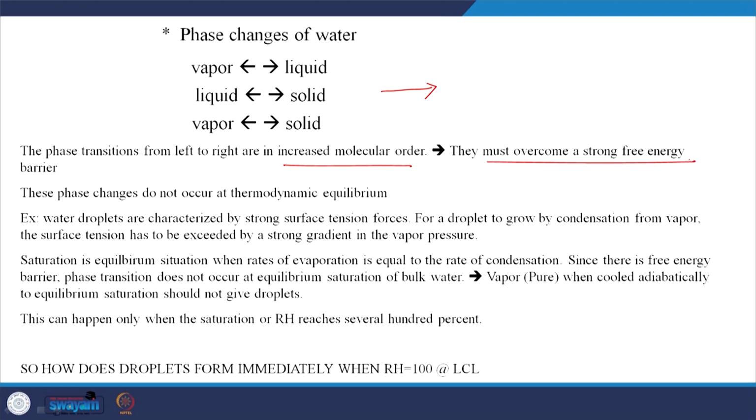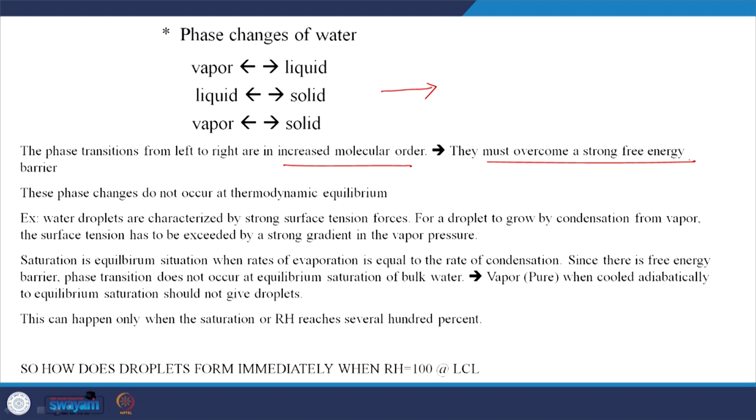These phase changes do not occur at thermodynamical equilibrium. For example, water droplets are characterized by strong surface tension forces. For a droplet to grow by condensation from vapor, the surface tension has to be exceeded by a strong gradient in the vapor pressure. So, as the droplet grows, there has to be a gradient in the vapor pressure.